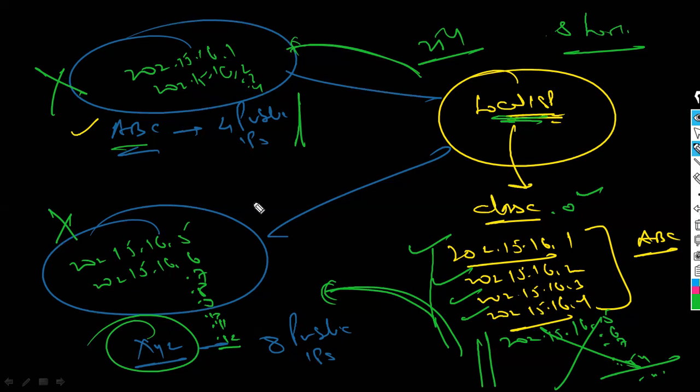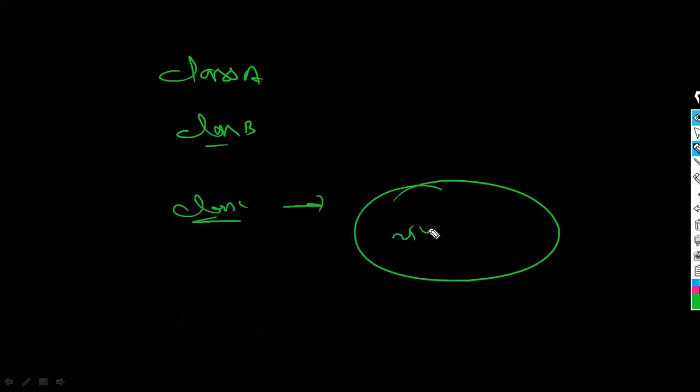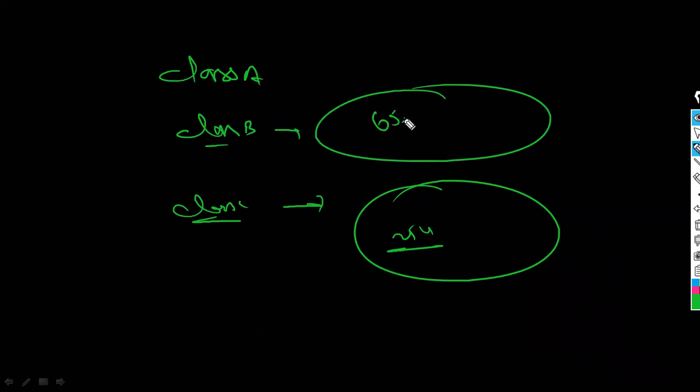Because organizations and companies would hardly require 4, 15, 16, 18, 20, or 30 IPs. And in IP addressing, we have only 3 classes: class A, class B, and class C. Class C is the smallest network, but still 254 IPs. Class B in a single network has 65,534 IPs.